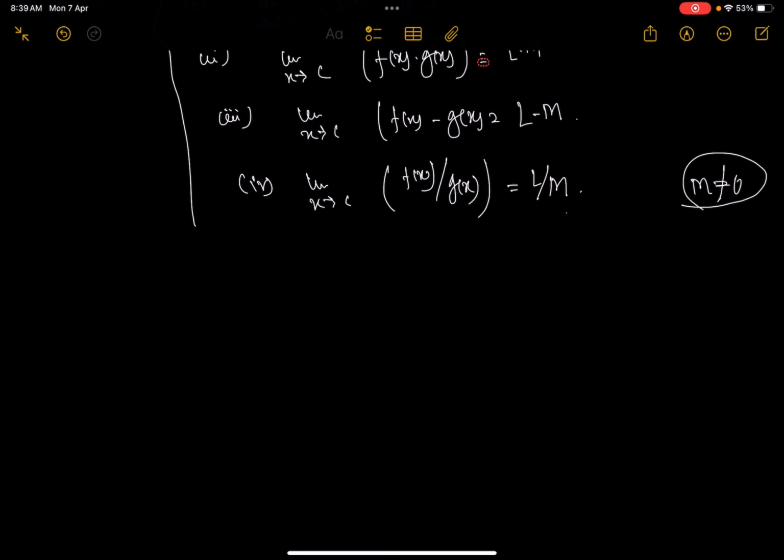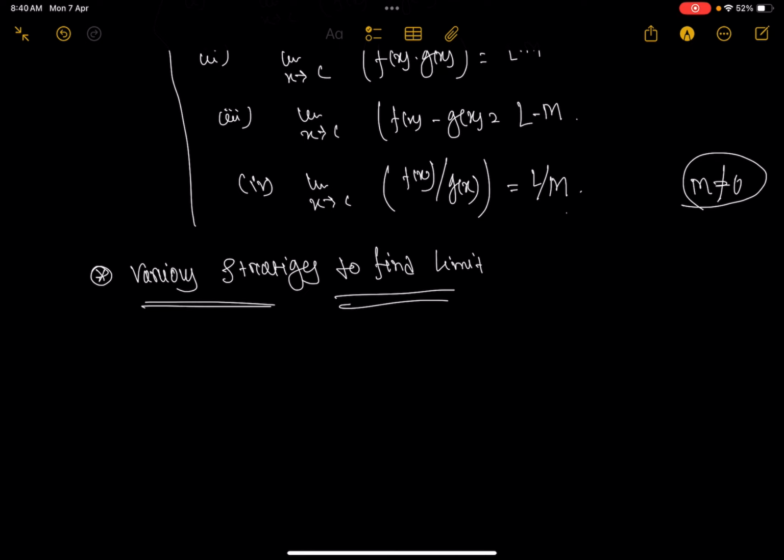What is next? Various strategies to evaluate a limit. There are so many types. We discuss 2 or 3 types.